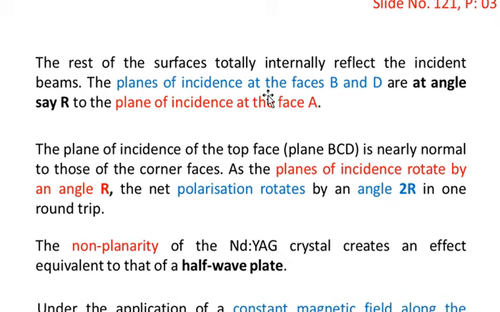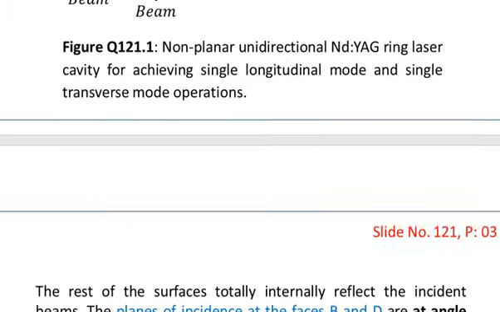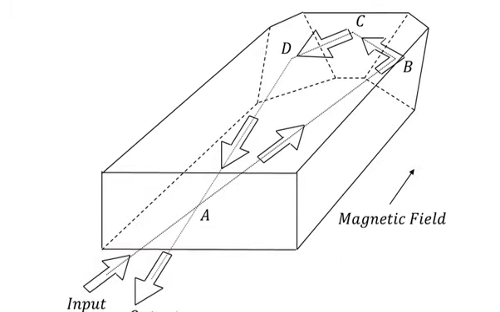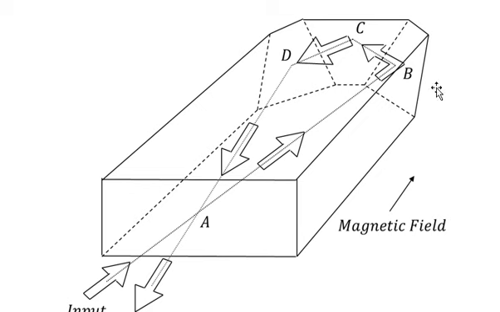The planes of incidence at the faces B and D are at an angle, say R, to the plane of incidence at the face containing point A. So here the plane of incidence at point A and the plane of incidence at point B are at a relative angle with respect to each other.